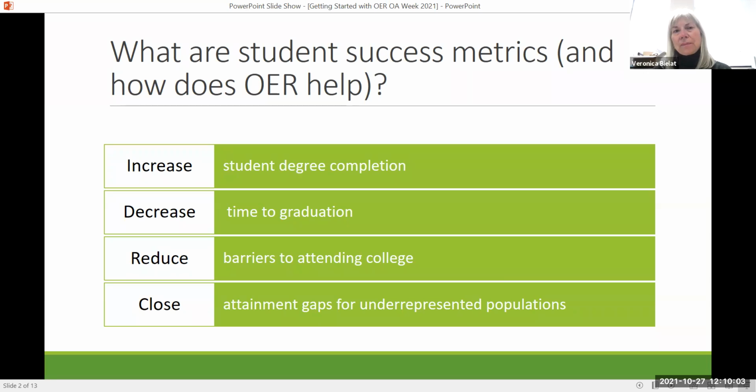And so I think what we don't understand is, especially in September, the financial pressure that students are under.